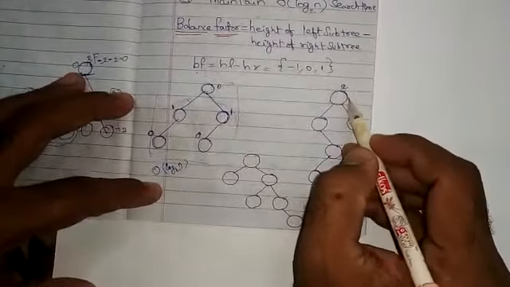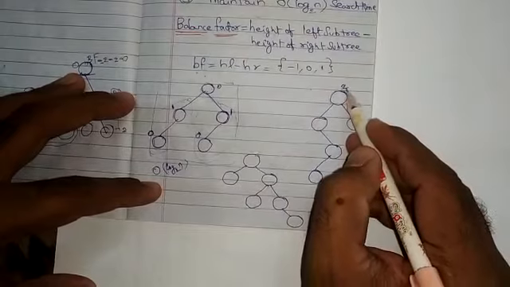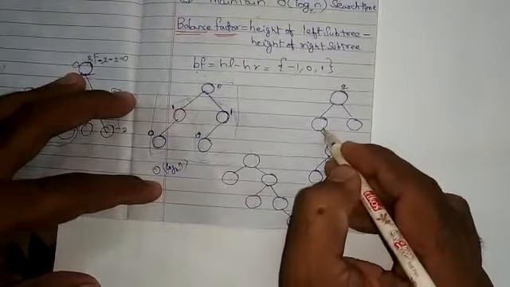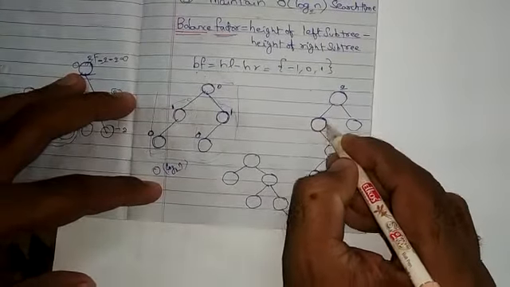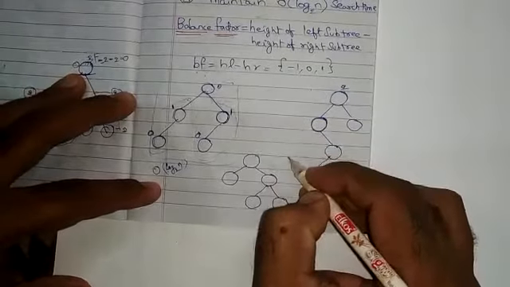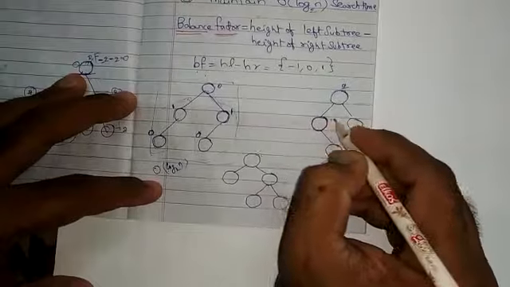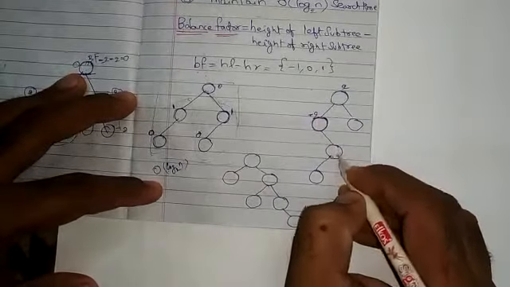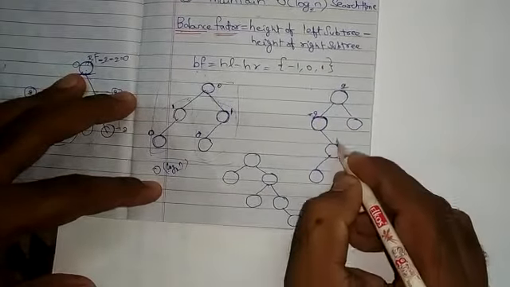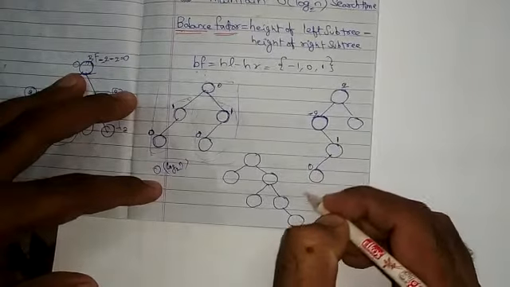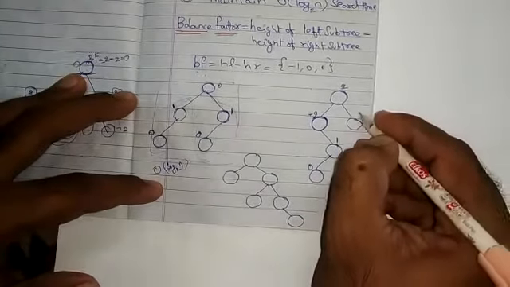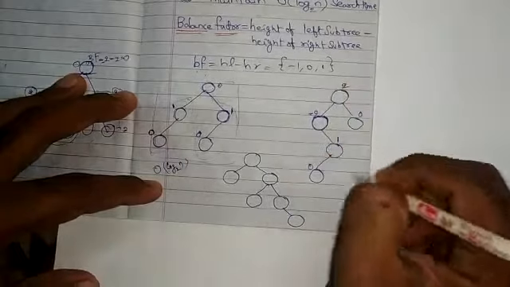See, the balancing factor is 2. Now, can you please tell me the balancing factor of this node? There is no left subtree, 0, right is 2. So 0 minus 2, minus 2. Here 1, 0, 1. Here 0 because there is no left and right. For this one also 0. Is it a balanced tree?